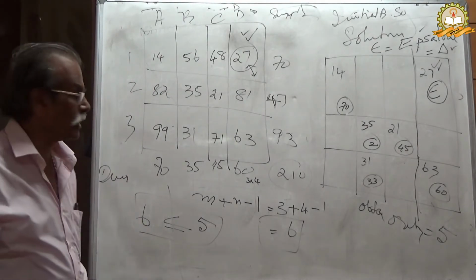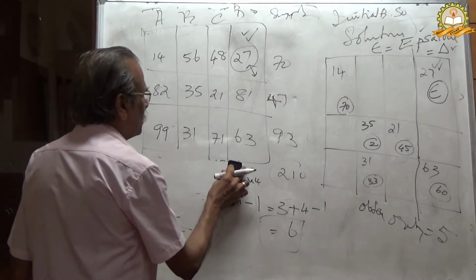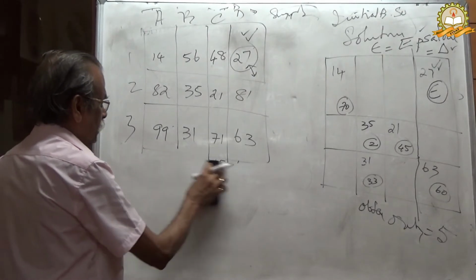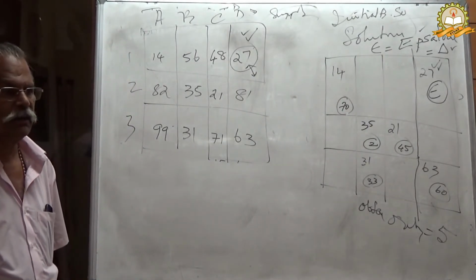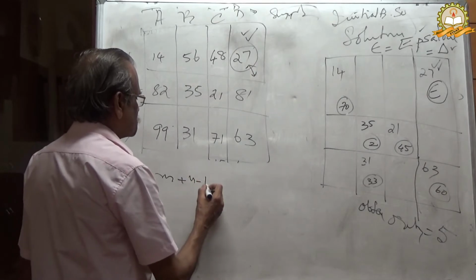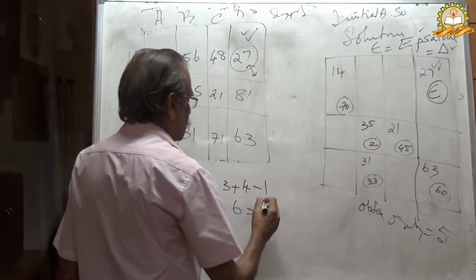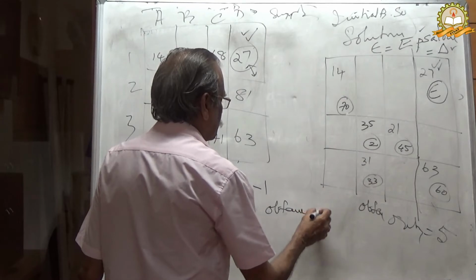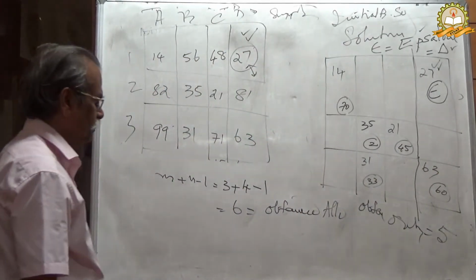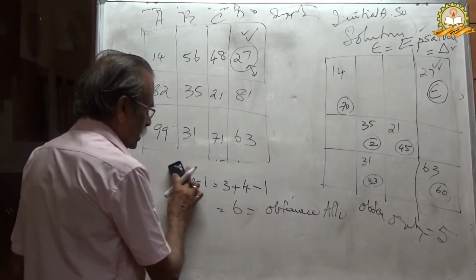Giving this specific allocation, here you have m plus n minus 1 equal to 3 plus 4 minus 1 equal to 6 equal to obtained allocation, that is 1, 2, 3, 4, 5, 6. Obtained allocation including epsilon.